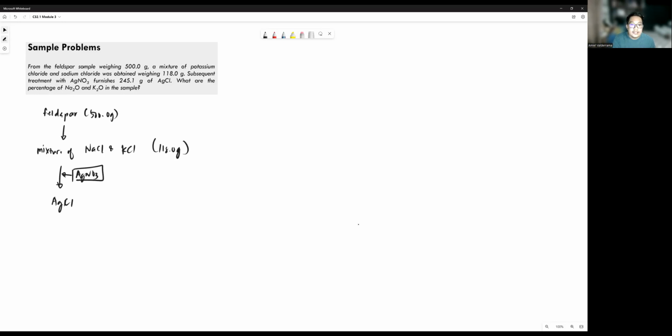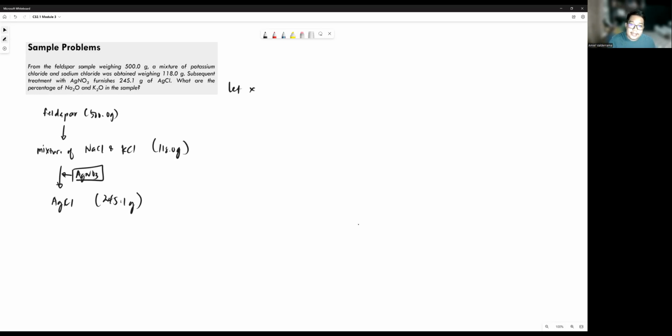This silver chloride weighs 245.1 grams. So your question here is, what are the percentages of sodium oxide and potassium oxide? As you can see here, we can have a representation of our variables.